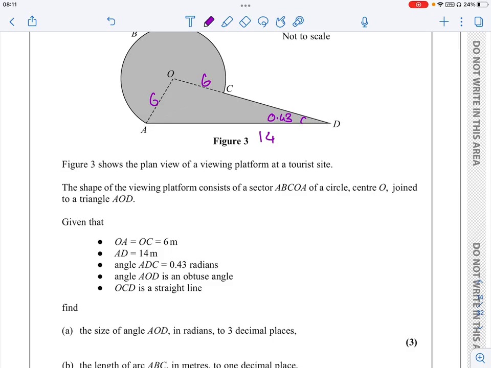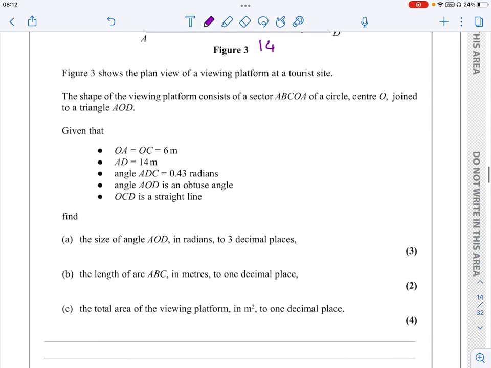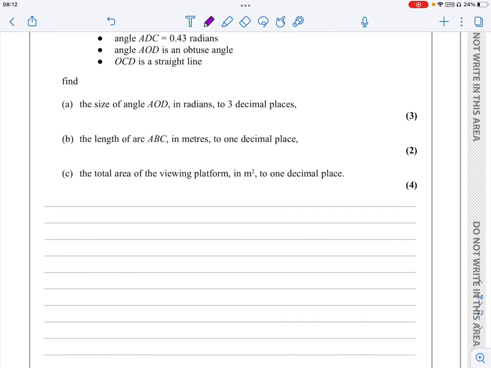Angle AOD. This particular angle he is asking us to find. So we know the matching pair. Once we know the matching pair, we are going to use the sine rule. So sine 0.43 upon 6 equals sine theta upon 14.